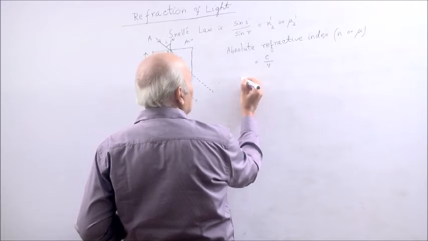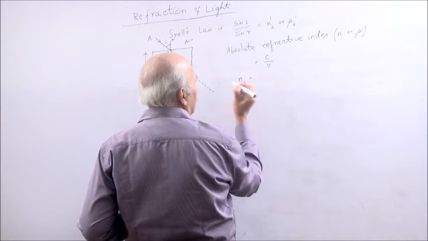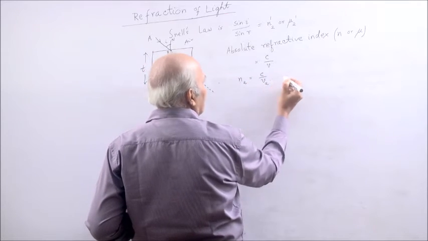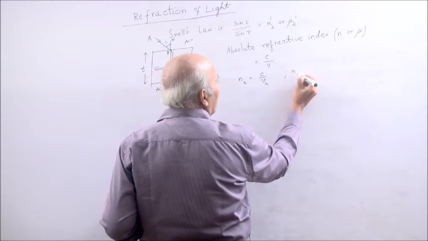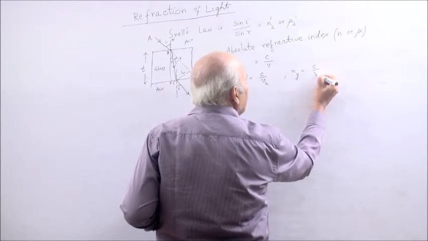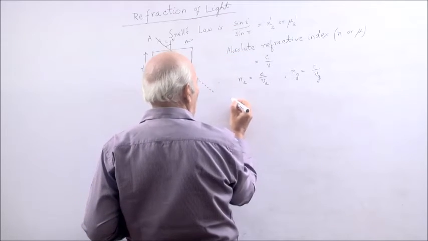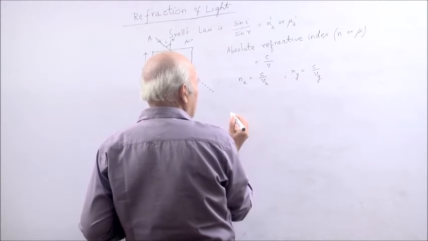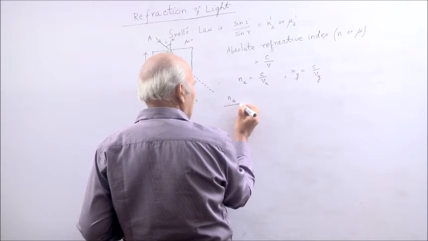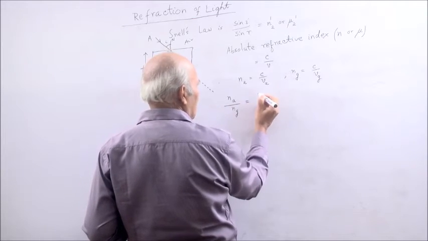Like, suppose you write n_a, the refractive index of air, then c by v_a, then n of glass, suppose it will be c by v_g, and if you divide them, say n_a by n_g, what do you get?